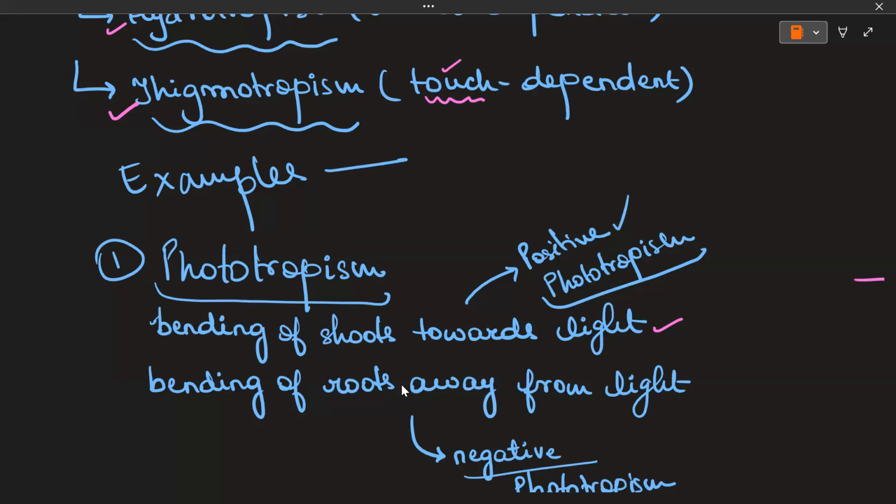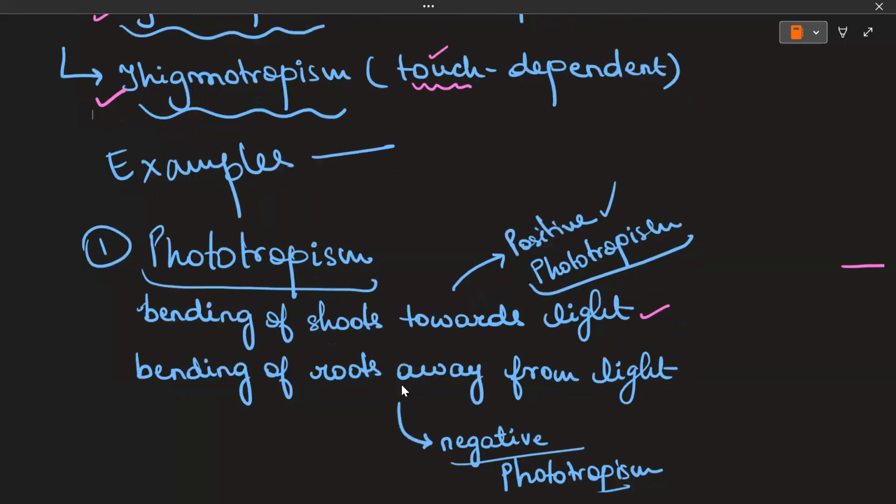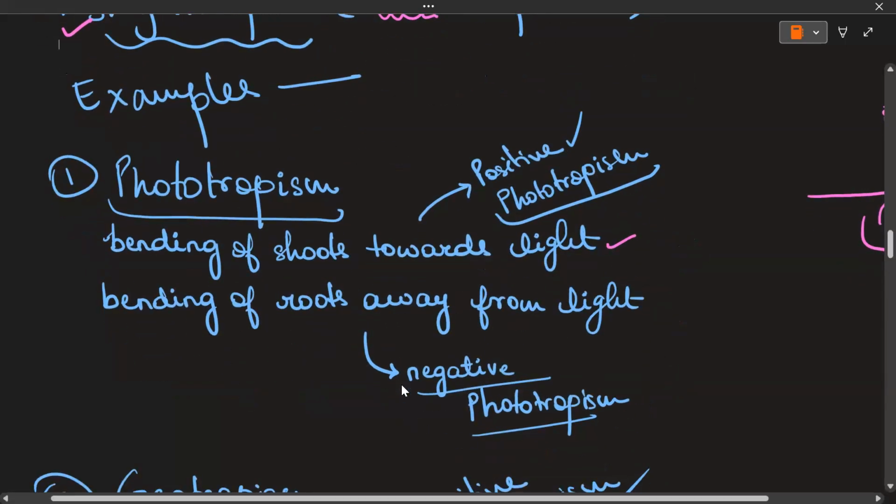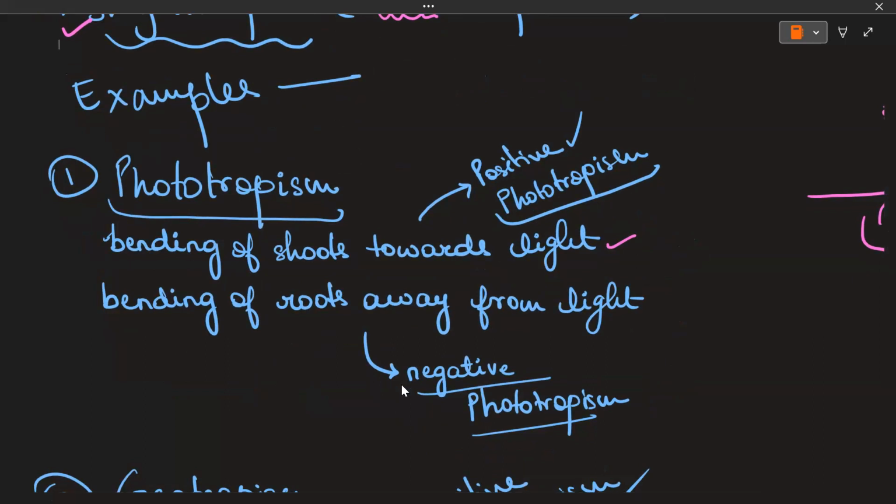But do the roots grow towards the light or away from it? Away, because they are present below the soil. So the roots would show negative phototropism, whereas the shoots will show positive phototropism.